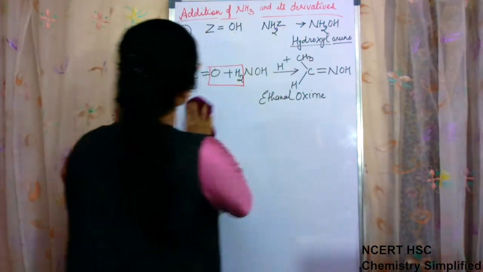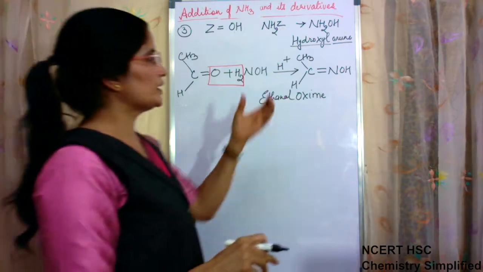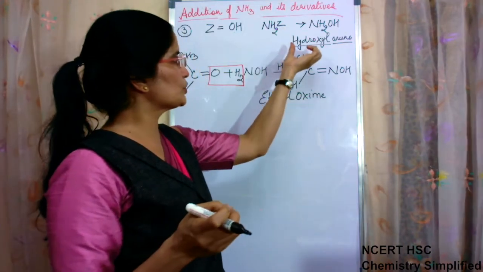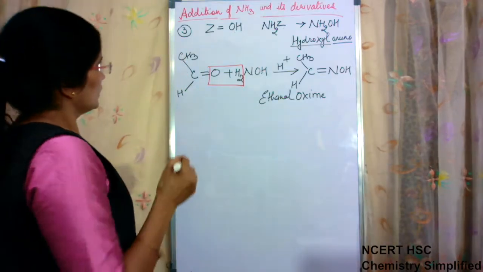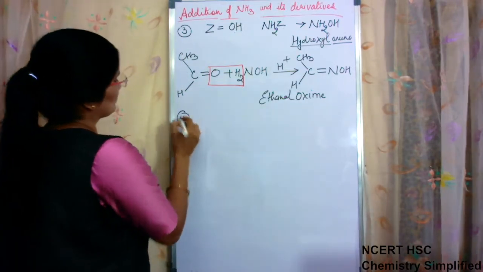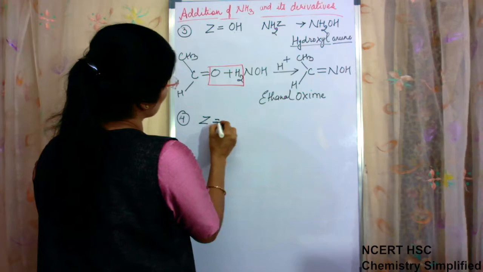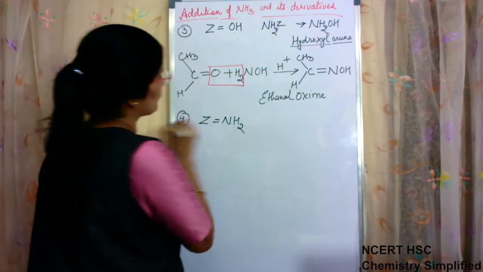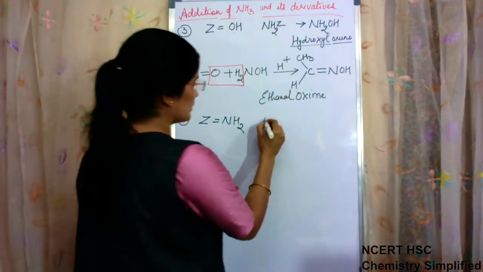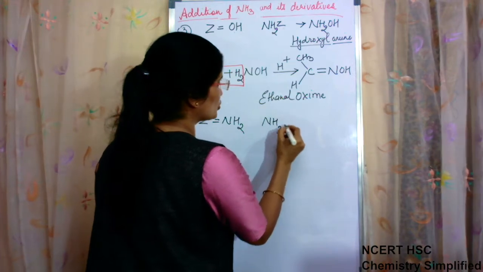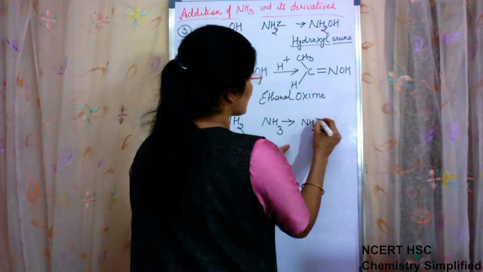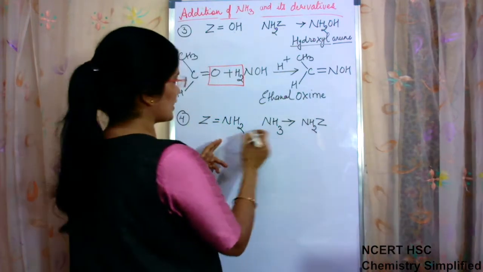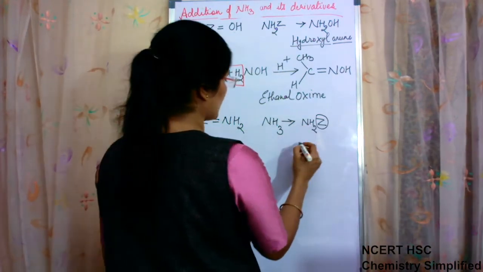Okay. Now, these names will take you a little time to remember. Hydroxylamine will give oxime. Now the next reaction, when Z is another NH2 group, means what? We had converted NH3 into the form NH2Z, and here this Z is another NH2.